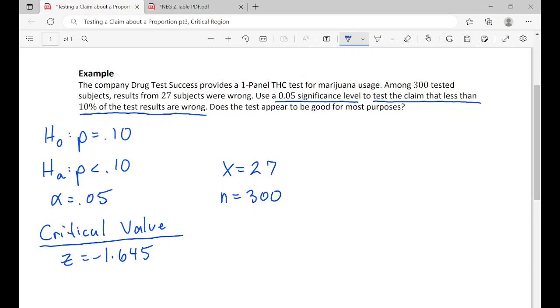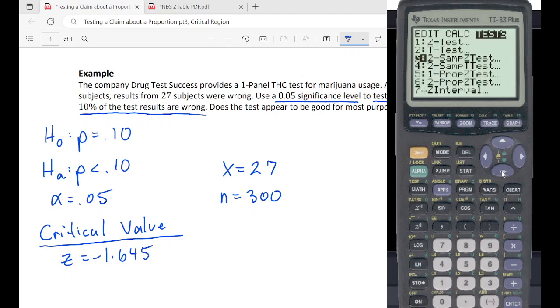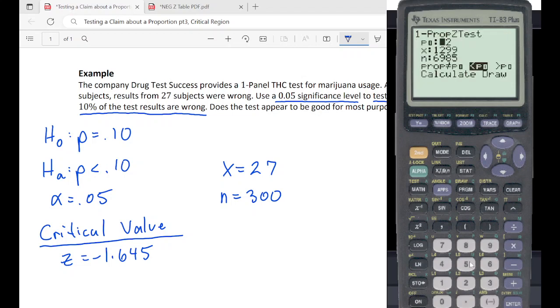Now that we have everything we probably need, I'm going to bring up the calculator again, and we're going to jump into one prop z-test, because this is a one proportion z-test. So stat test and number 5, one prop z-test. We need to know our p naught value, which comes from the hypothesis test, so 0.1.